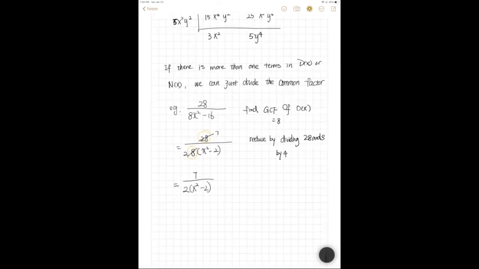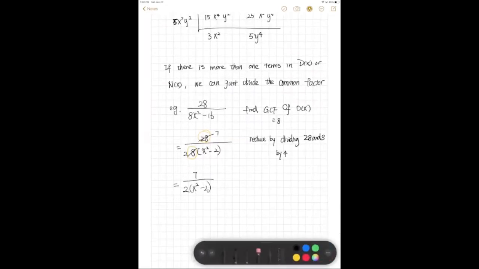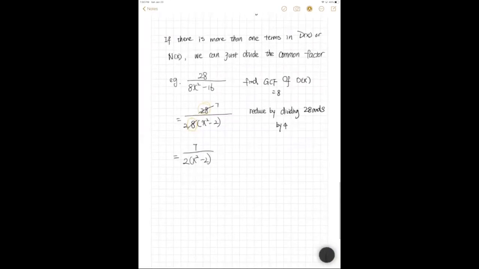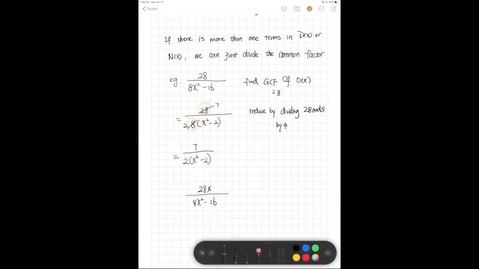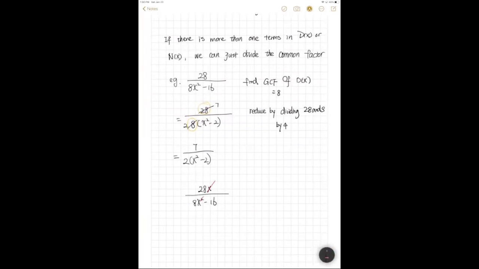I want to point out something, because I still see that a lot in Math 111, even though in a higher advanced math class, I've seen that a lot. So if you have 28 over x squared minus 16, you see an x in the denominator and an x in the numerator. You can't just say, oh, these two x, they can just reduce.